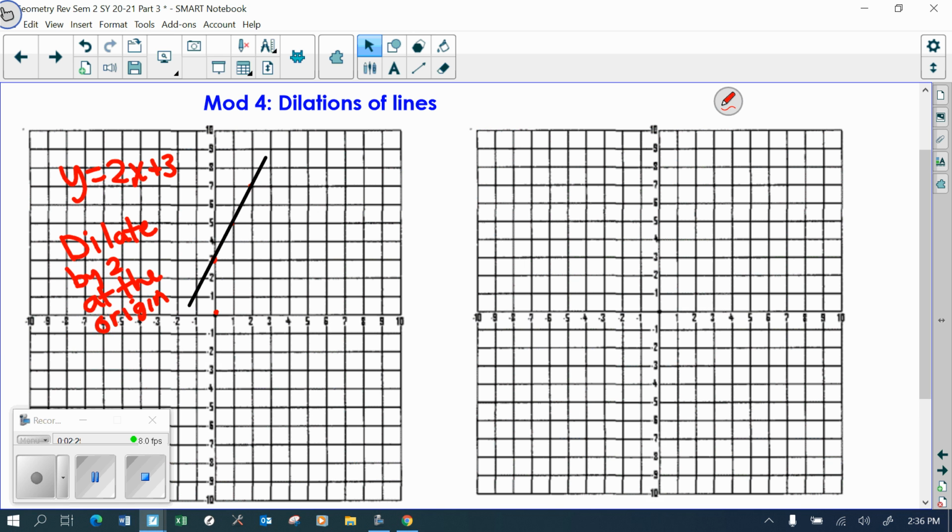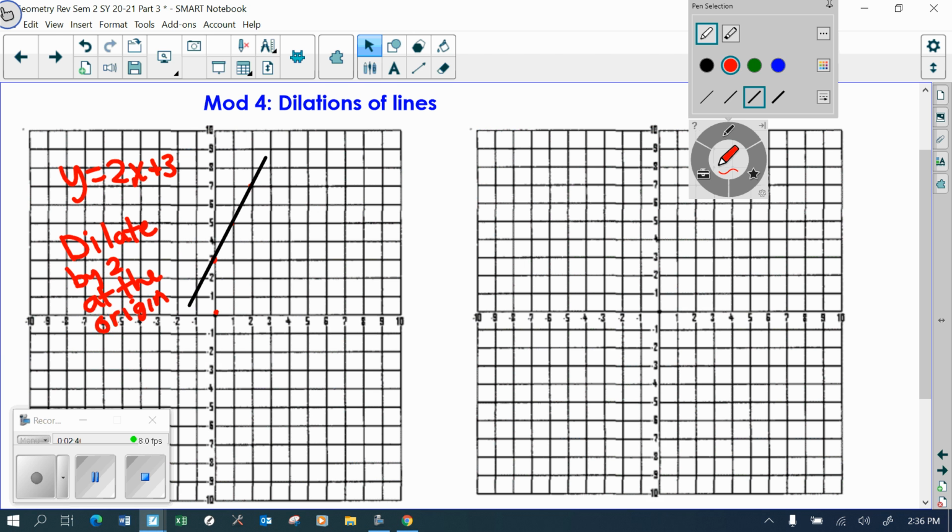The thing that is preserved with dilations of lines is parallelism. So the slope is not going to change. It stays the same. It's the y-intercept that you multiply. So 2 times 3 is 6. So here's how you think of it.